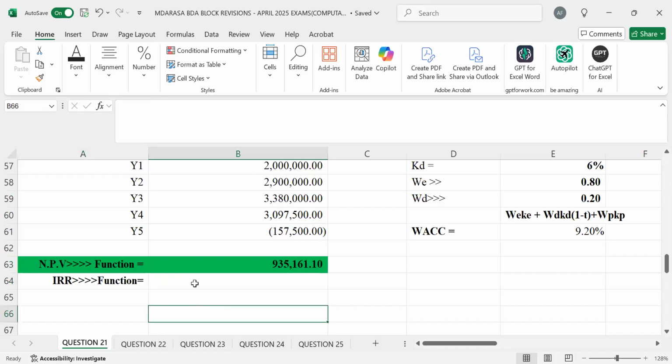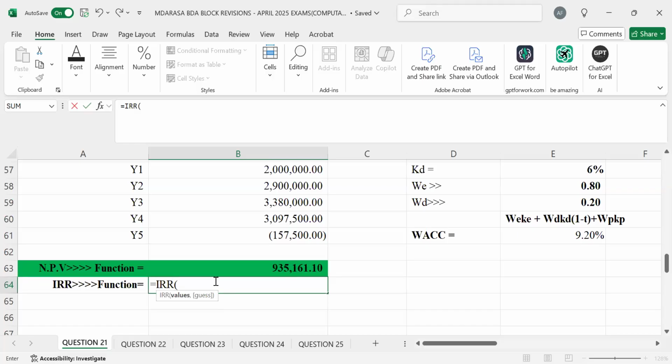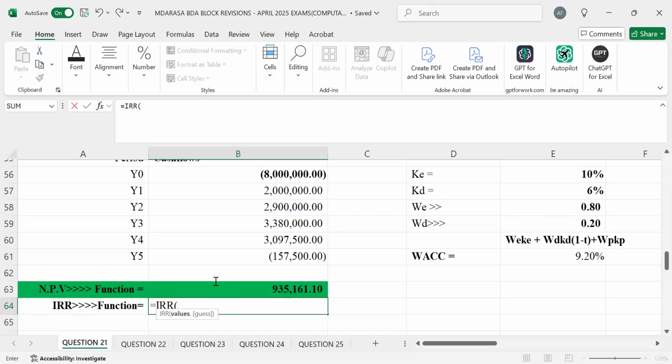So having this case, it's just a matter of using our function where we know very well. I'll be having equal sign IRR tab. One thing that will guide us, of course, so any can work, but at this point you can see that our value is positive. So my NPV, the one that we used to compute our original NPV, we had a positive value.